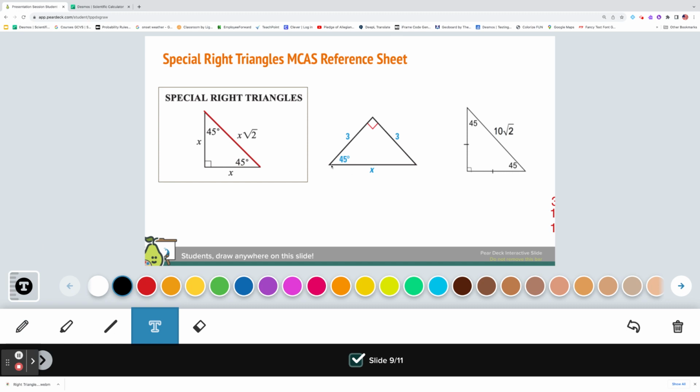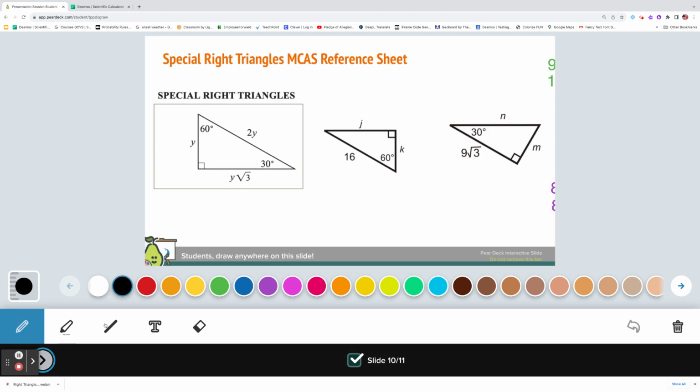And so x here is going to be 3 times the square root of 2. Now, what if I know the hypotenuse is 10 root 2? Then the legs are going to be this hypotenuse divided by the square root of 2. Therefore, each leg is going to measure 10 units in this particular example. So that's how we handle applying the relationship of a 45, 45, 90.